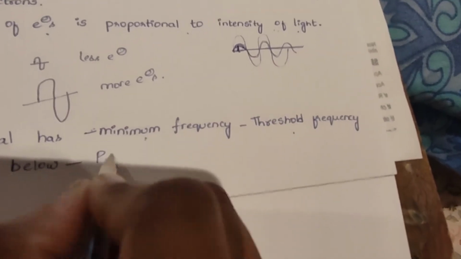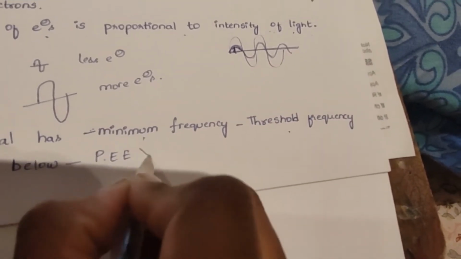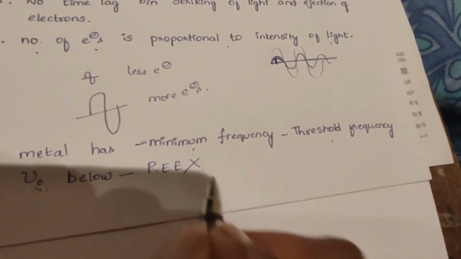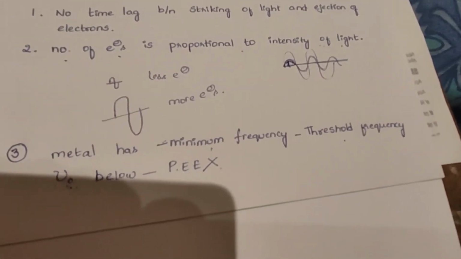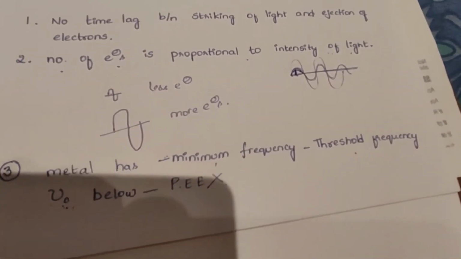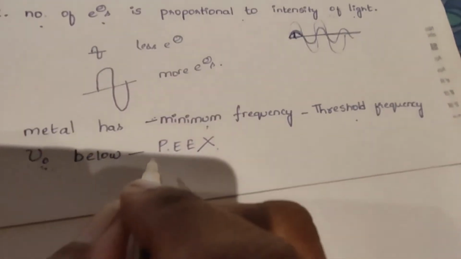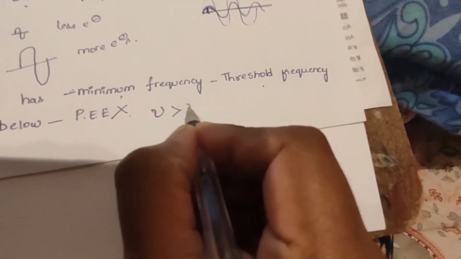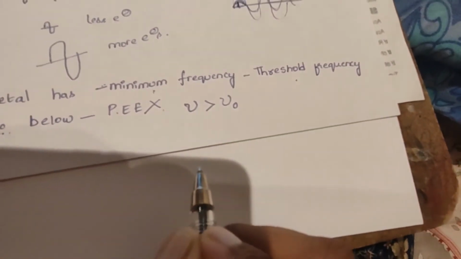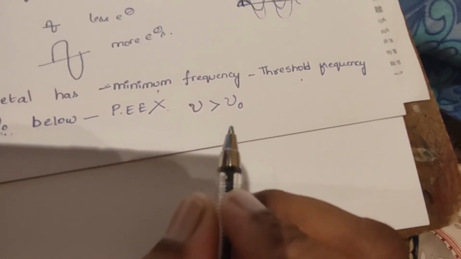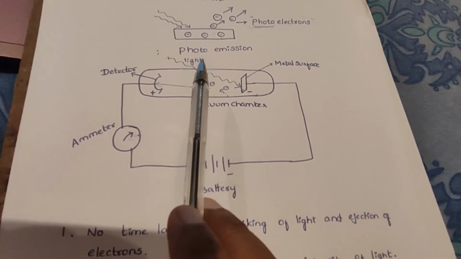For the photoelectric effect to be observed, the frequency must be greater than the threshold frequency. Then only the photoelectric effect is observed.